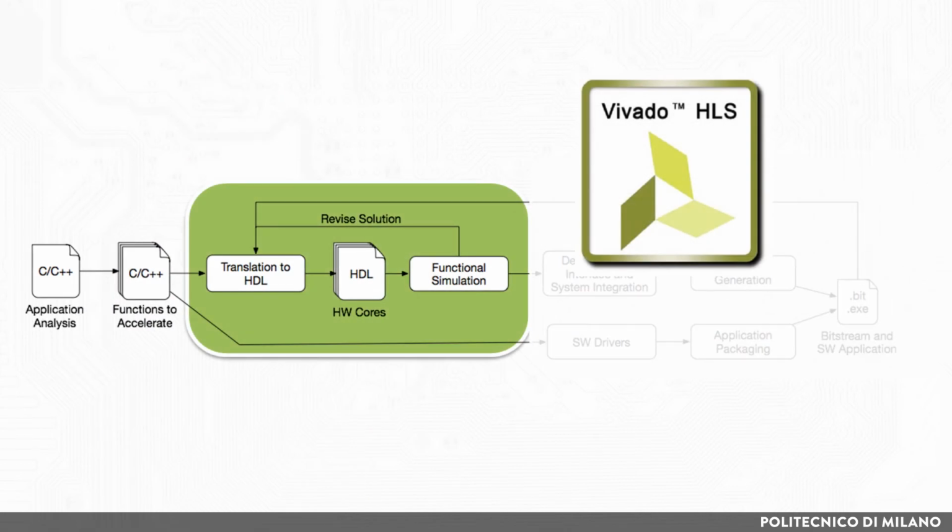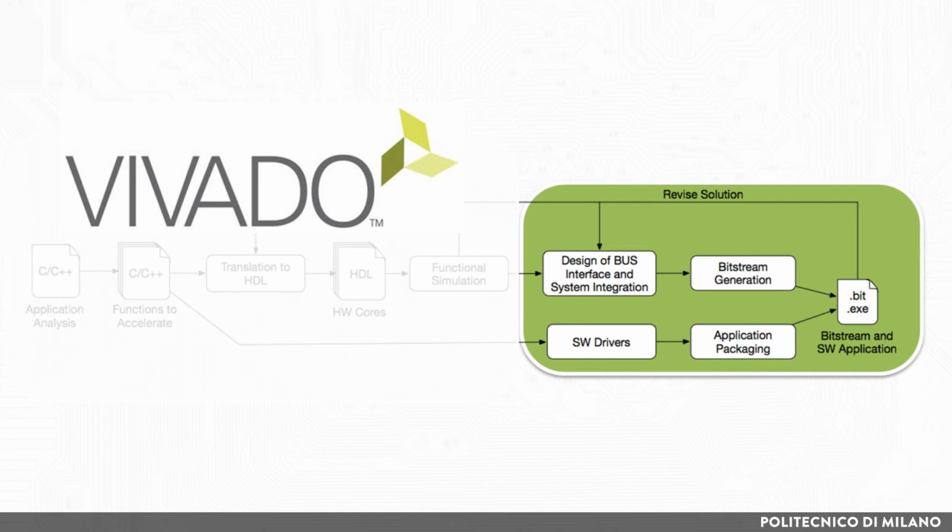During the years, multiple tools have been developed to ease the design process. Considering tools produced by Xilinx, the first step of the hardware design flow, highlighted in green in this picture, is performed by using Vivado HLS, a tool that helps the designer in the process of performing the high-level synthesis. The second step, the system-level design, is performed by using Xilinx Vivado, that, taking the IP cores produced by Vivado HLS, allows the user to specify the surrounding architecture and different strategies to produce the final bitstream.